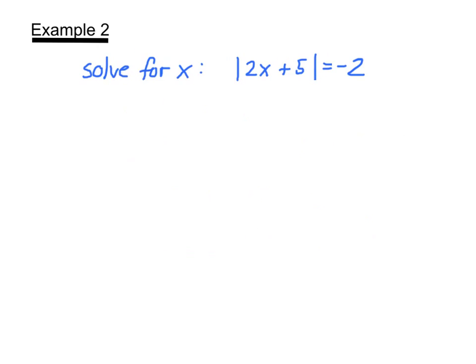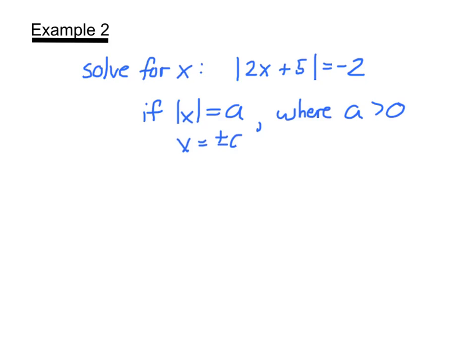In this example problem, we're again asked to solve for x, and we're given the modulus of 2x plus 5 equals negative 2. Well, if you remember the condition from our general statement, which said if the modulus of x equals a, where a is greater than 0, then x equals plus or minus a.